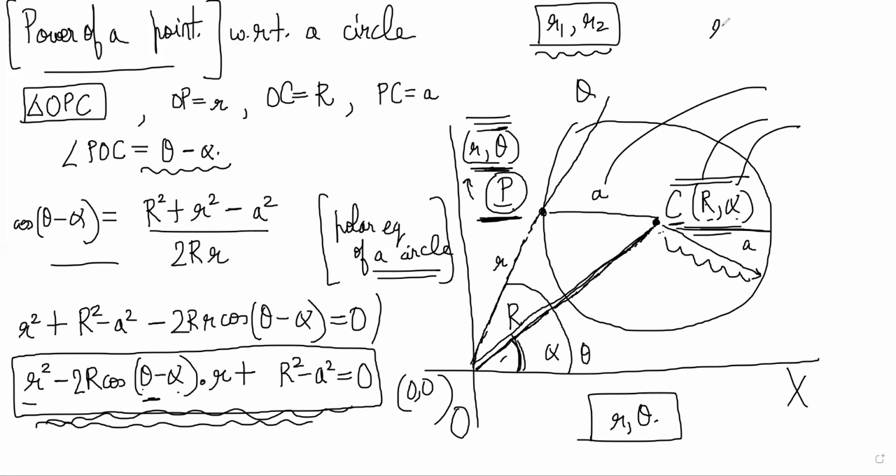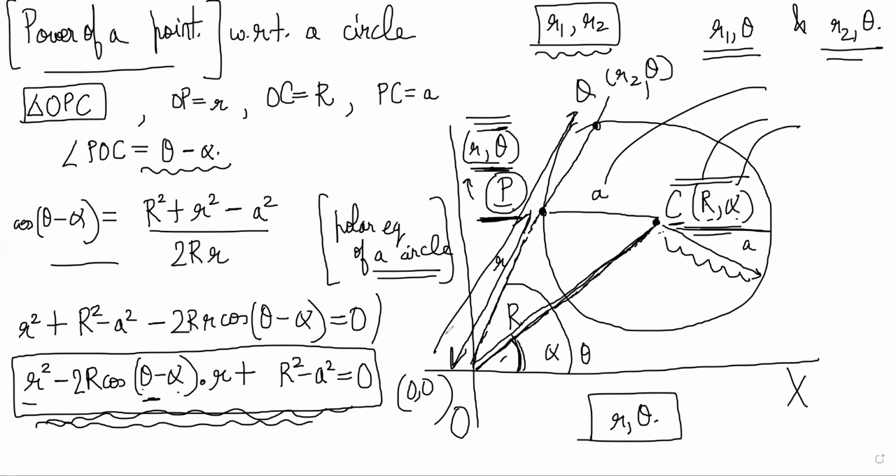Basically r1 comma theta and r2 comma theta both satisfy the circle. This is r2 comma theta. The difference between them is just that this distance is r1 and this distance is r2. So our two roots are r1 and r2, and those are points lying on the circle, P and Q.